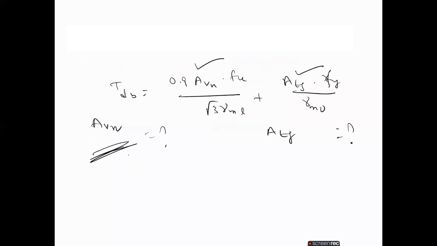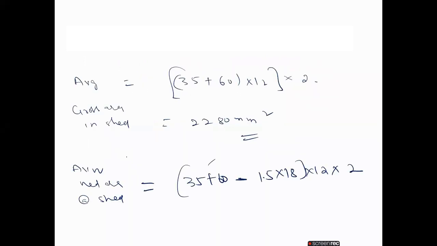So what happens, in this diagram, I will write again here. In this diameter, first we have to take 35 and 60. So first we have to take 35 plus 60 minus, you have to remove this one, half of this portion and also half of this portion.